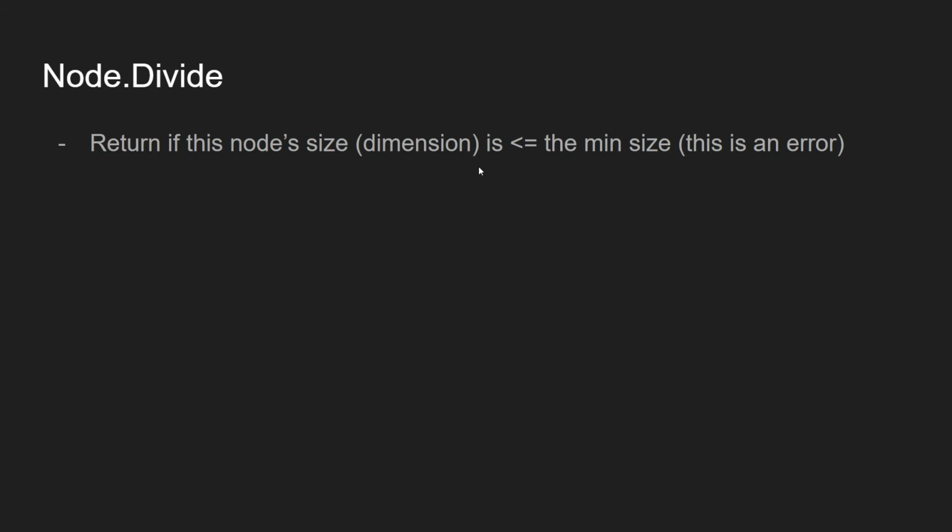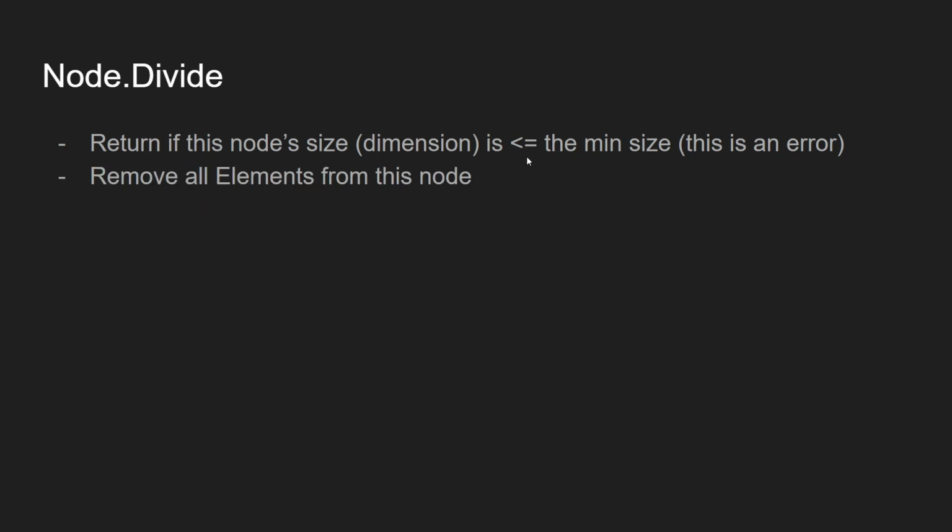If our node size is less than or equal to the min size, which I'm not going to go into now, we'll define that when we actually start writing the code next time, then it's an error. Essentially, it means that objects that are already intersecting have been added to our tree, which we don't have a way of handling. We only have a way of handling intersections that happen at runtime, and I'll talk about that more.